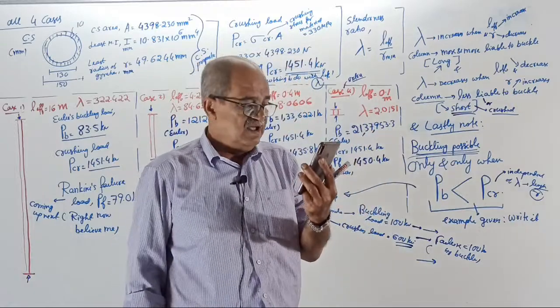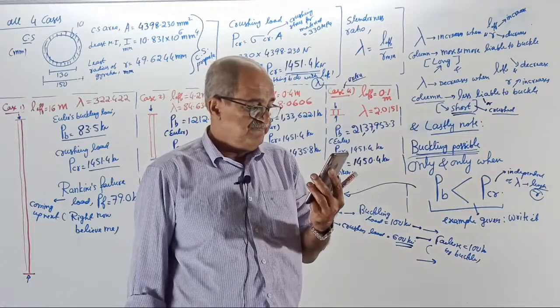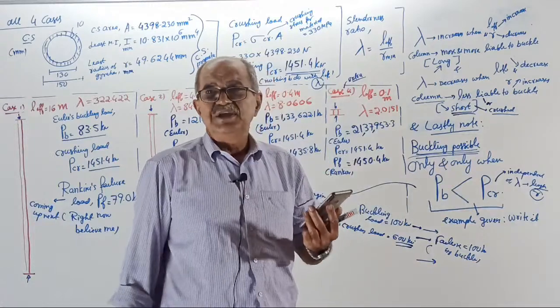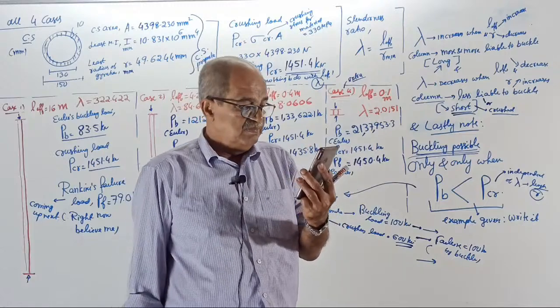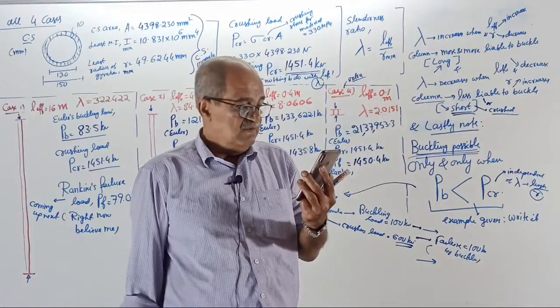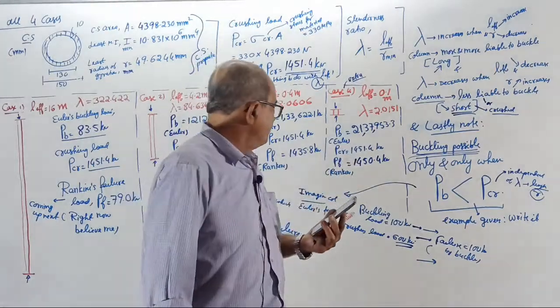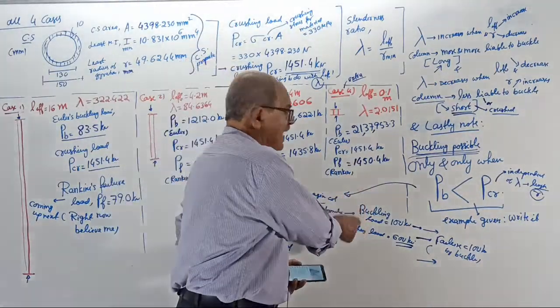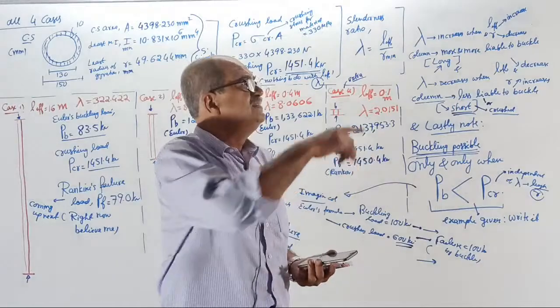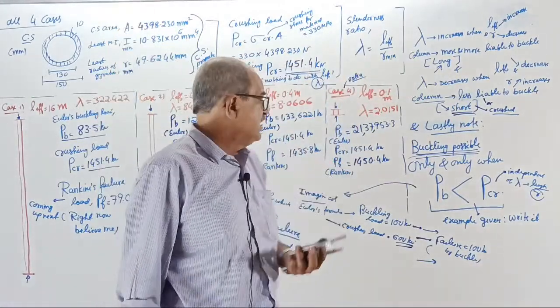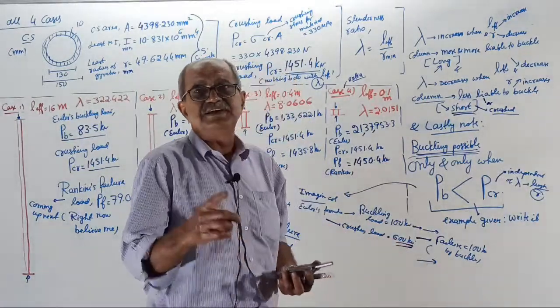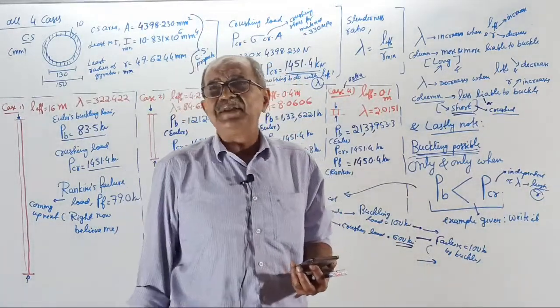I want an answer. Somebody will tell, finally, he will not use the word buckling or crushing. He will tell that column is a gone case if the load becomes 100 kilonewton. Actually, failure. Yes, justified.